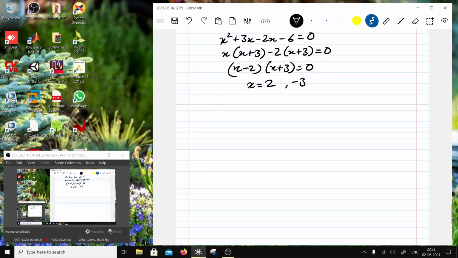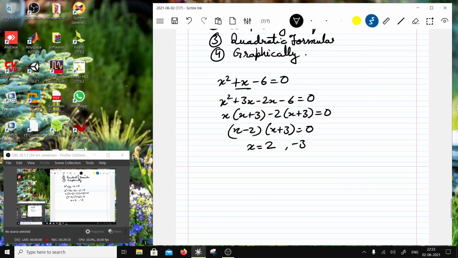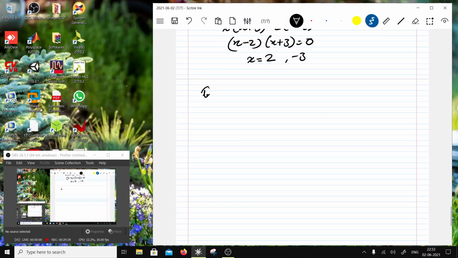Okay, so let's look at another example. Here I can take the equation x square plus 2x minus 8 equal to 0. There has to be a relationship between these numbers to solve this. So I can write this as x square plus 4x minus 2x minus 8 equal to 0.